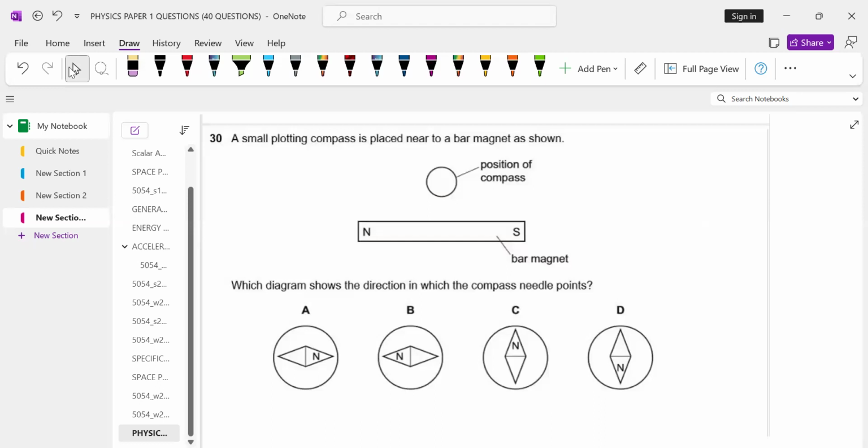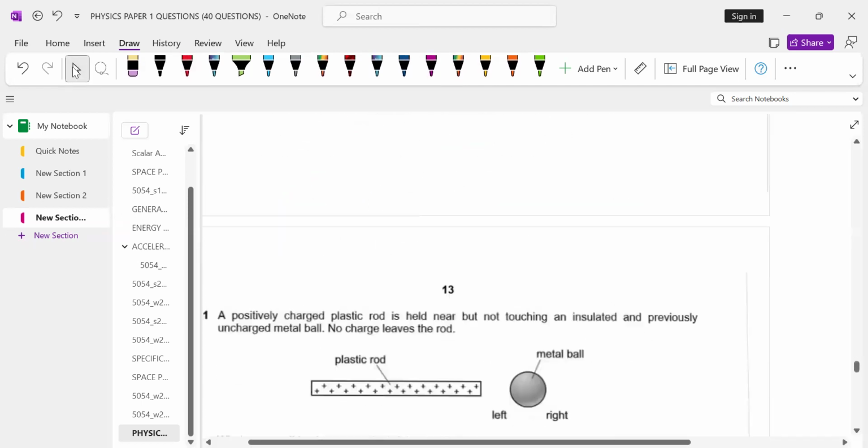For this, what you need to remember is that this is the direction of the magnetic field line. These are magnetic field lines. So this is moving towards this. So the compass needle would point towards south, and it will be like A. So option A is correct for question number 6.